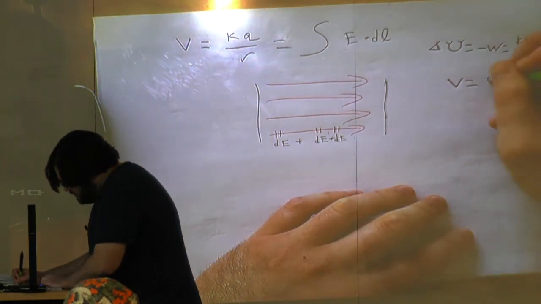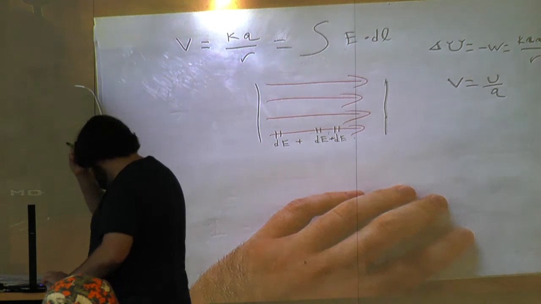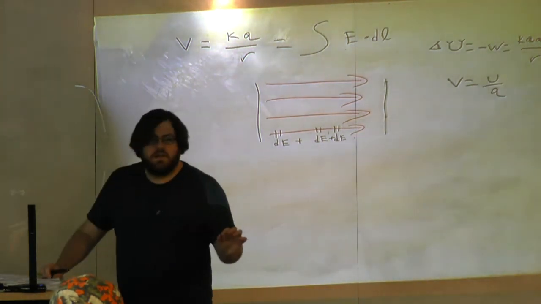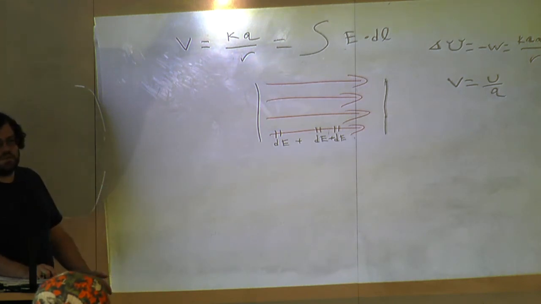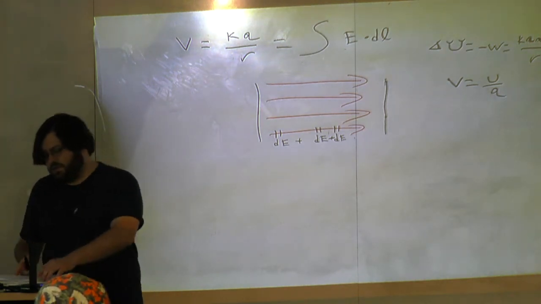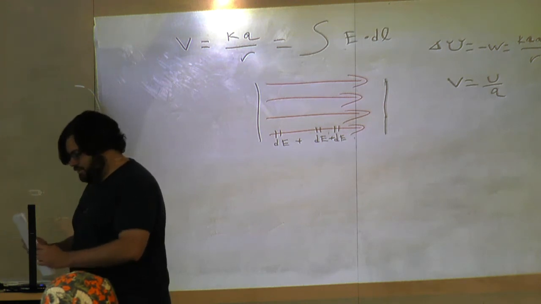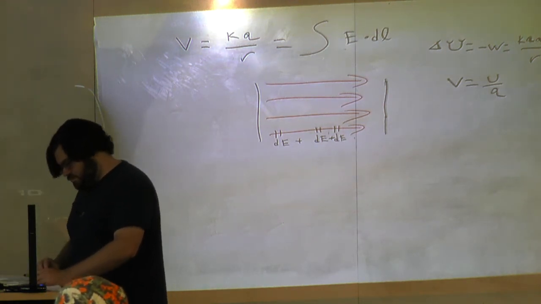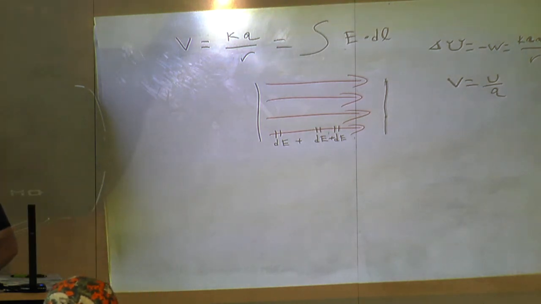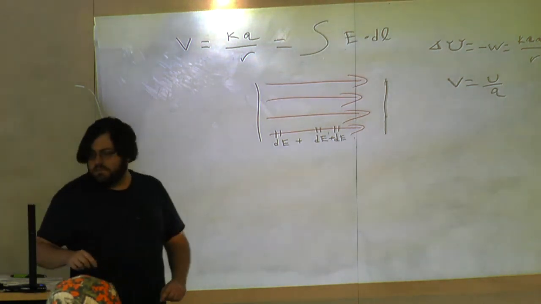V equals U over Q. So they directly relate to each other in the same manner that field relates to force, okay? But these are also both scalars. So I think we're only going to do one problem on potential in the interest of time. It's not a very difficult concept, I don't think.